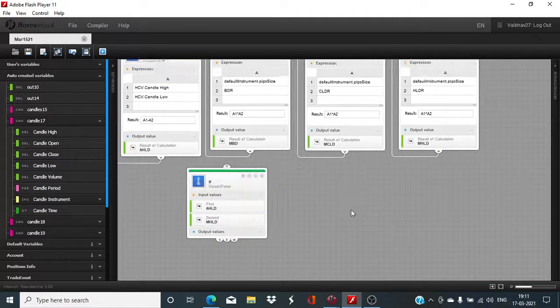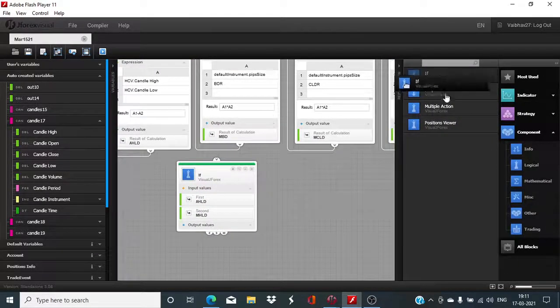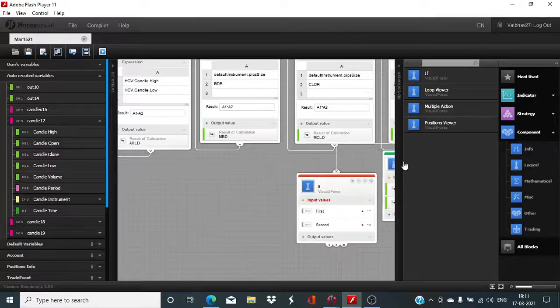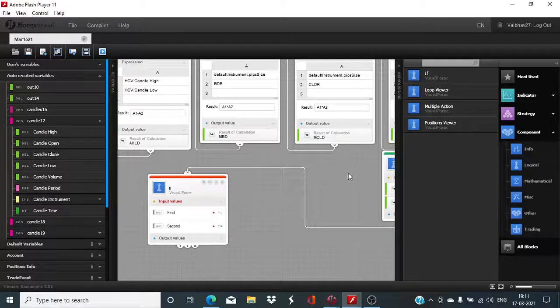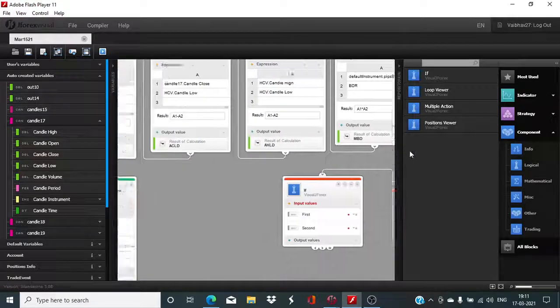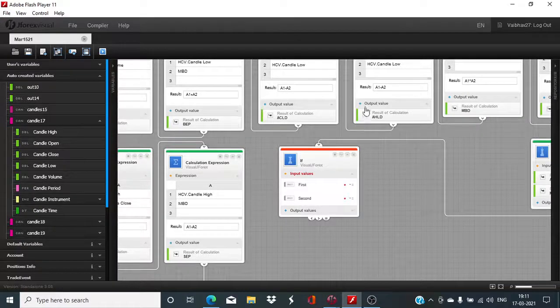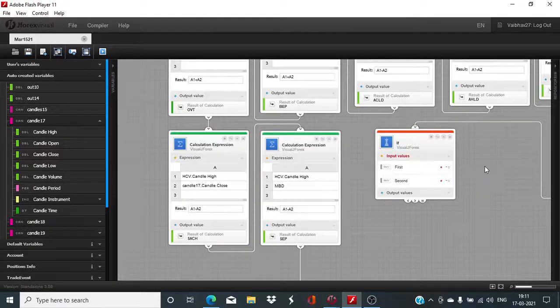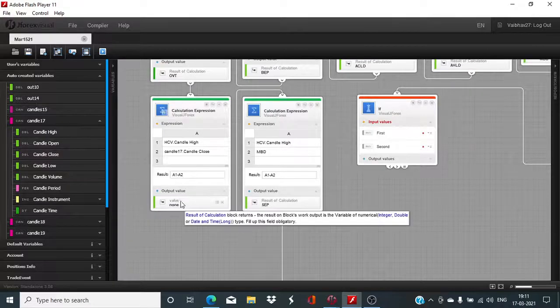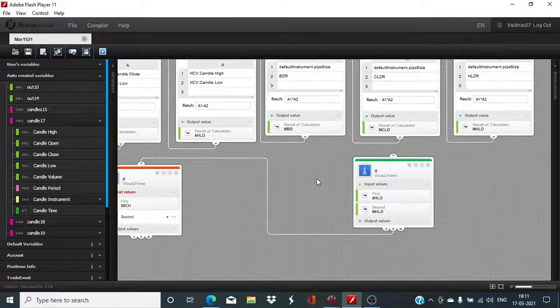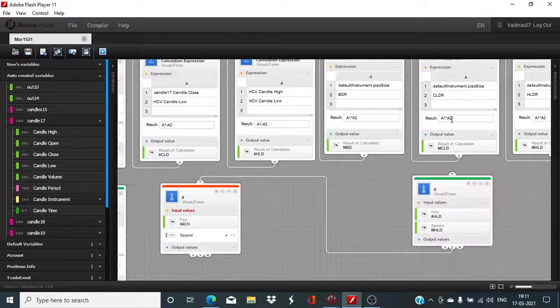So here the first input needs to be greater than the second input, and also we want the last hour candle close to be more than 15 pips below the high value, and for that we will have to compare this calculation output with the difference which we had earlier defined.